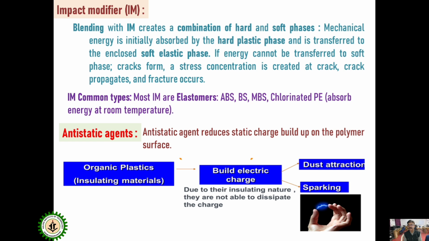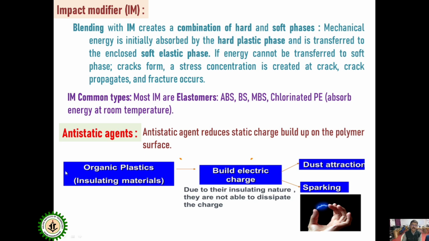So in the finished product, the friction with the surface will be reduced, so that the static electricity generation can be reduced.